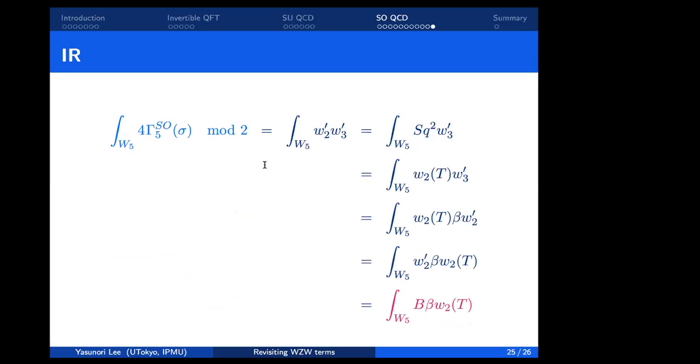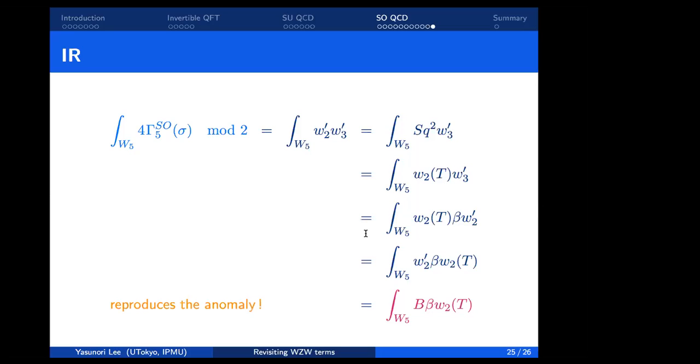By carefully examining the cohomology of the sigma model target space SU over SO, one can compute 4 times gamma 5 mod 2 as follows. Here, these w2 prime and w3 prime are the Z2 cohomology classes of SU over SO. But anyway, after some computation shown in the slide, we end up in this form, which is exactly the bulk 5D action we needed to add in the UV to compensate the mixed anomaly.